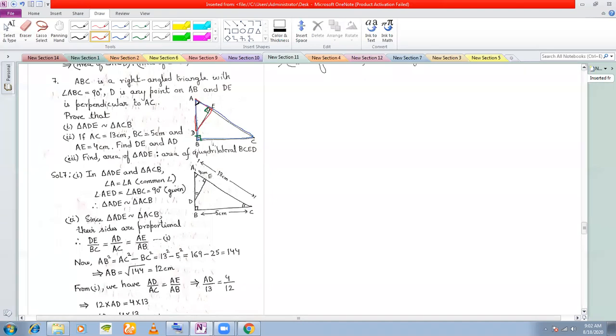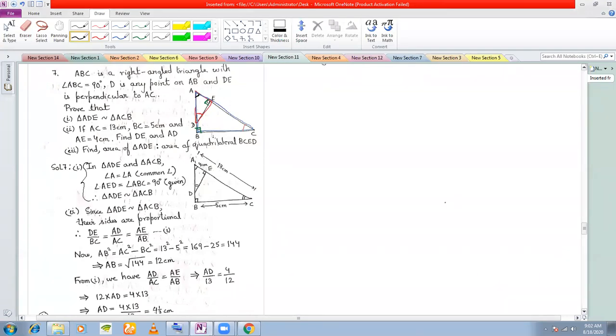In the smaller triangle, the only angle that is left is this angle, and in the bigger triangle, the only angle that is left is this angle. So they must be equal. Okay, so this completes the first part. I have given you the proof here. You have done the proof of this figure type many times, so you can do this. And the next part of the question states, if AC is 13.